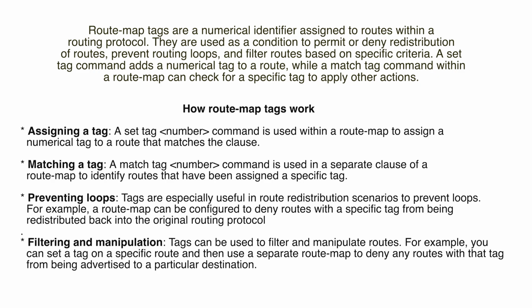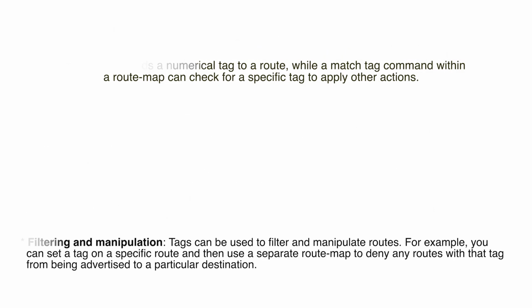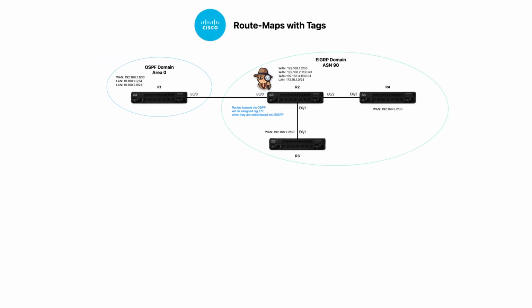For example, a route map can be configured to deny routes with a specific tag from being redistributed back into the original routing protocol. Filtering and manipulation: tags can be used to filter and manipulate routes. For example, you can set a tag on a specific route and then use a separate route map to deny any routes with the tag from being advertised to a particular destination.